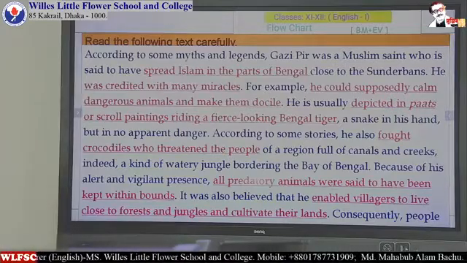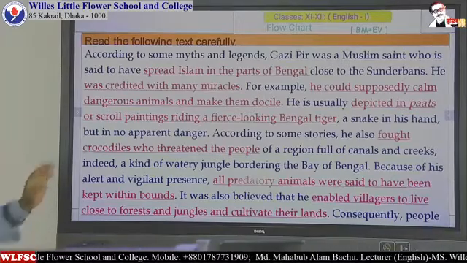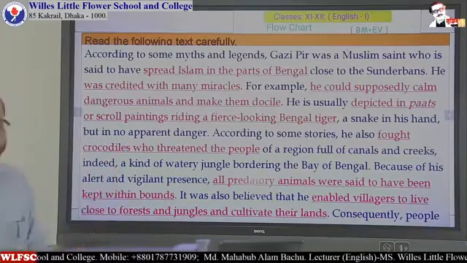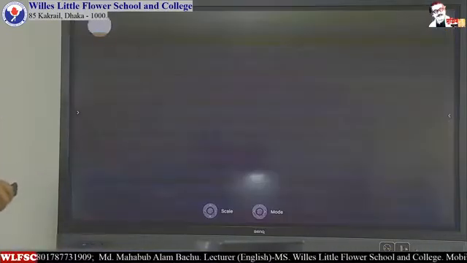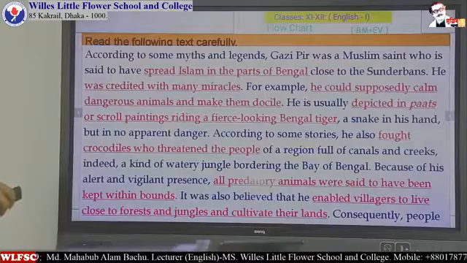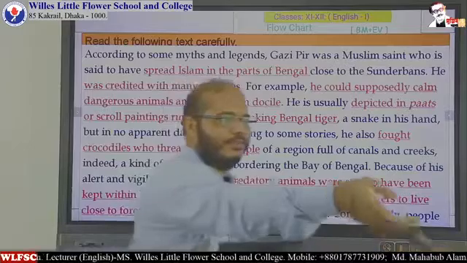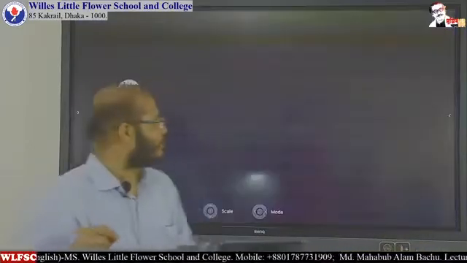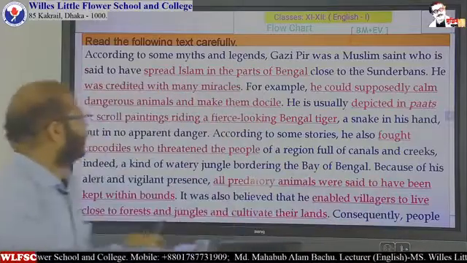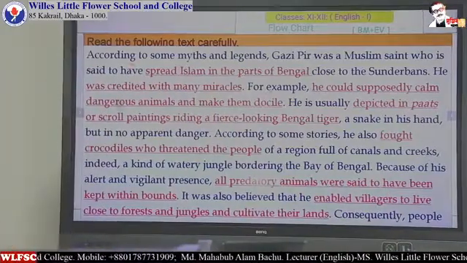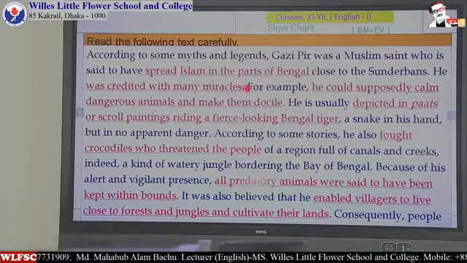According to some Western legends, Gazipir was a Muslim saint who is said to have spread Islam in the parts of Bengal. So look at this line: spread Islam in the parts of Bengal close to the Sundarbans.